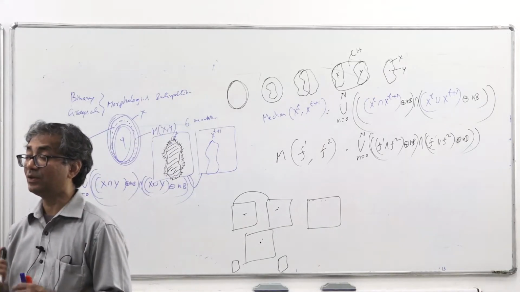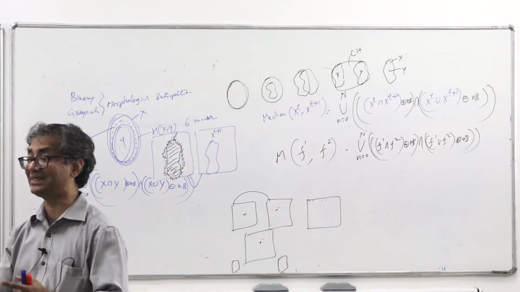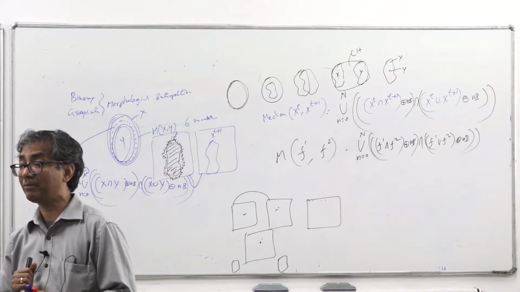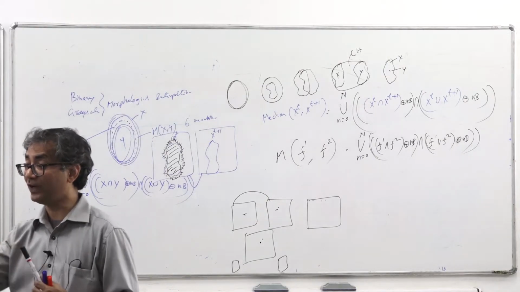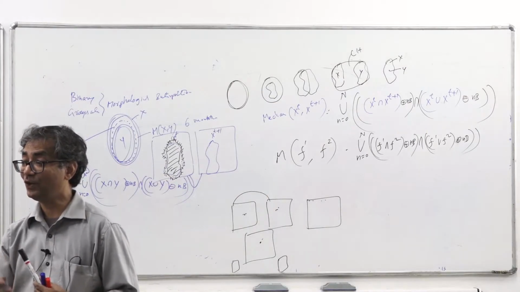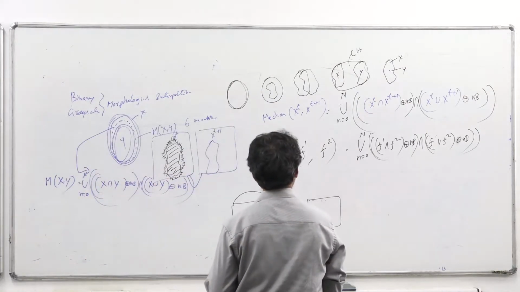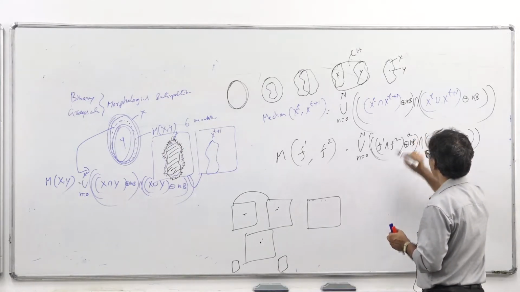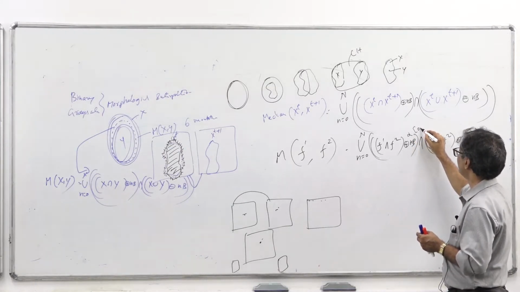The moment you put some kind of weights in, in the sense that dilation should happen with more weight and erosion with less weight, you have to introduce a parameter, probably alpha, between 0 and 1.